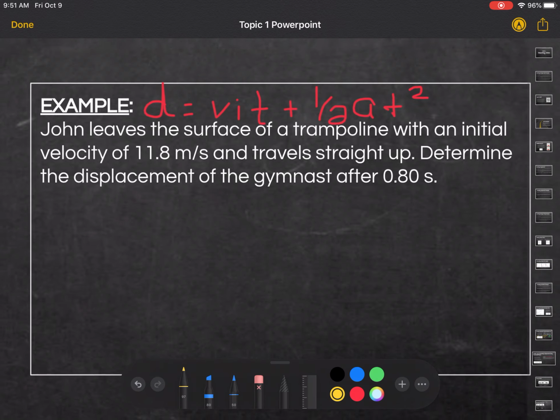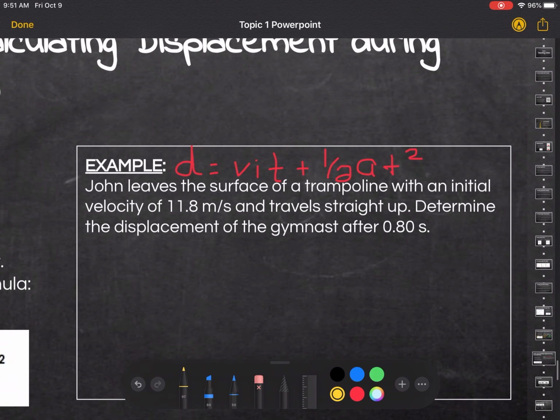All right, so as we go through this question, I'm going to write down what's given. I'm just going to write it at the top so that we have enough space to do this formula. All right, so it says John leaves the surface of a trampoline with an initial velocity of 11.8 meters per second. So this guy, he's on a trampoline and his initial velocity, his VI, is 11.8.